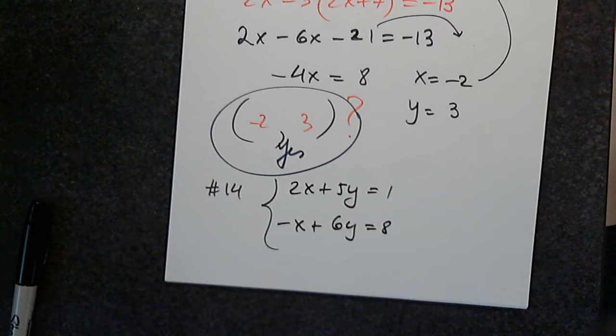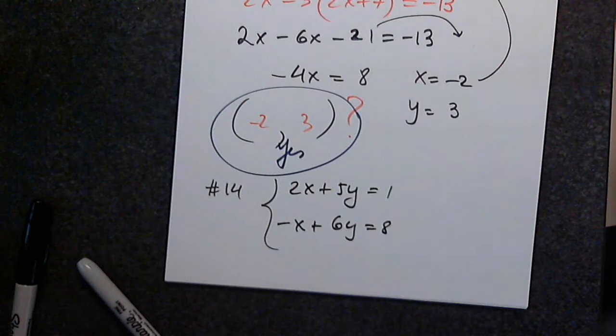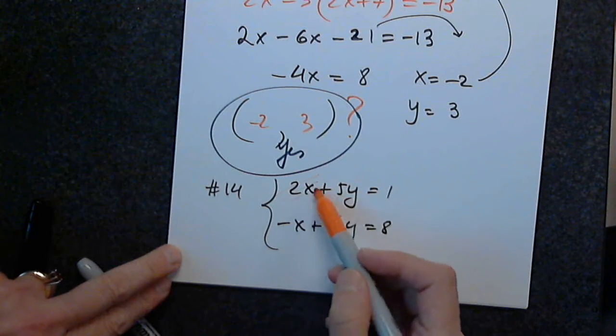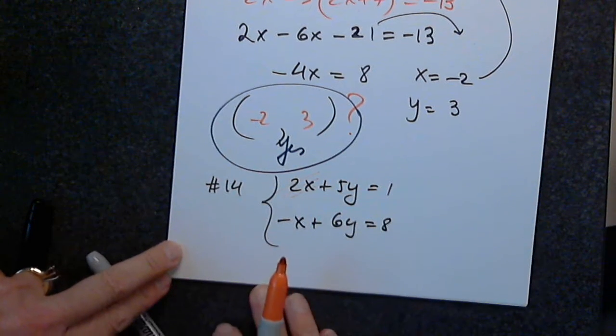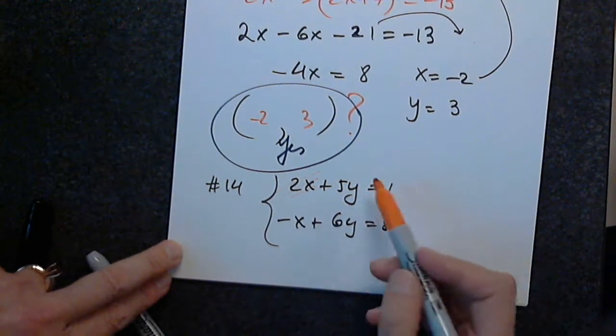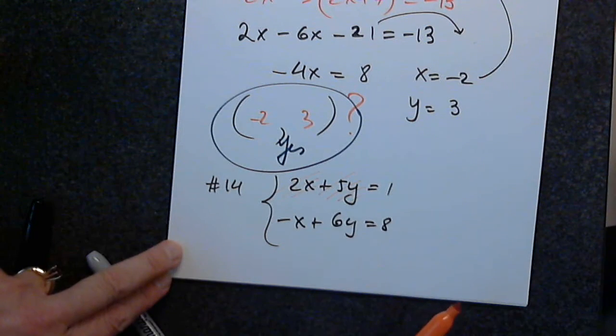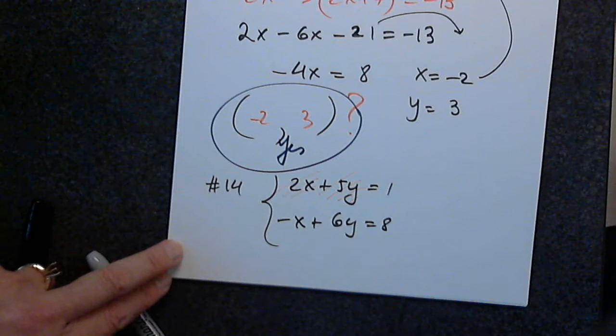We're asked to use substitution. Okay, well, if that's the case, we have to decide which variable to solve for. I will refuse to solve for this because it has 2 in front, and I will have to use a fraction. I refuse to use this to solve for y because it has 5 in front, and I will get a fraction when I solve for y.